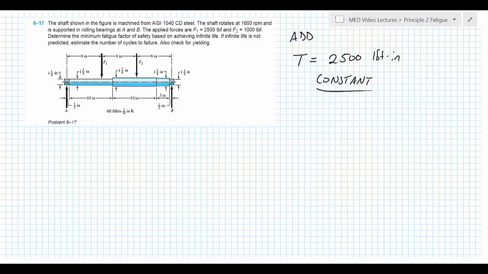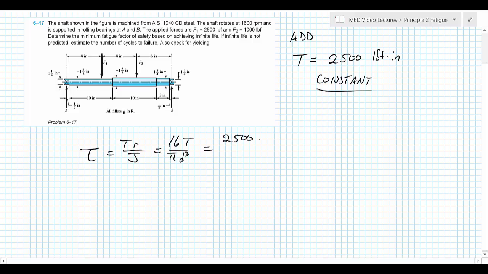So let's understand what that means for our location between the two. So we will have now torque values, or shear stress due to torque, equal to TR over J. And we can use either formulation if we like, the simplification, 16T over pi d cubed, or more fully, with the diameter that we have, that's 2,500 pound force inches times the diameter, 1.625 over 2 inches, divided by pi over 32 times 1.625 to the fourth.